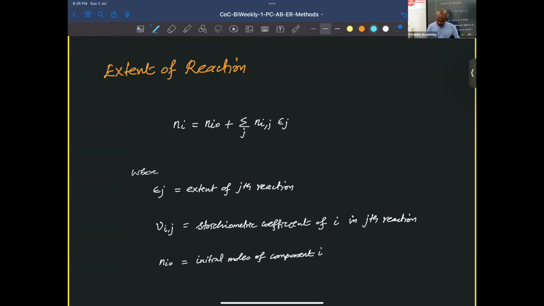I will correct this. It is not Ni, it is nu i, nu ij. Nu refers to the stoichiometry coefficient of the reaction, and epsilon is the extent of reaction. This extent of reaction is quite useful for dealing with multiple reactions, like this atomic balance method. Of course, we can also use this for a single chemical reaction. We'll try to see these two methods.